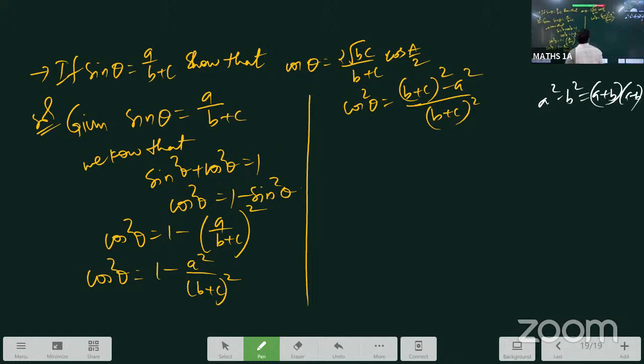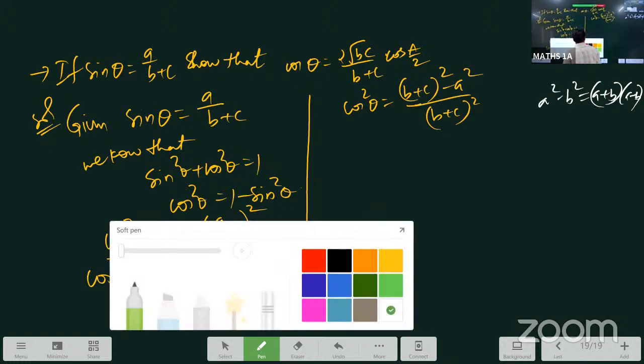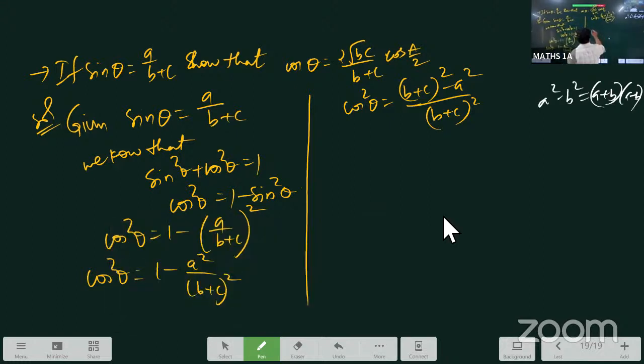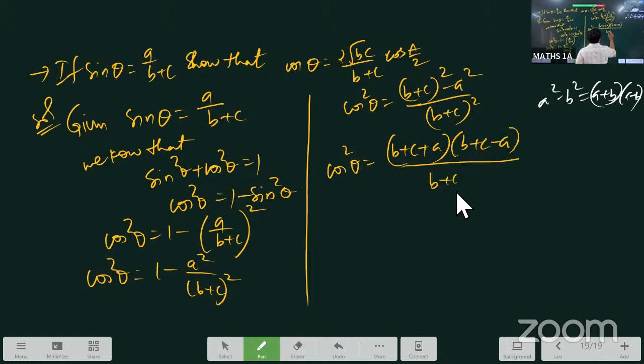Is it clear? That is cos square theta equal to b plus c plus a, b plus c minus a by b plus c whole square.